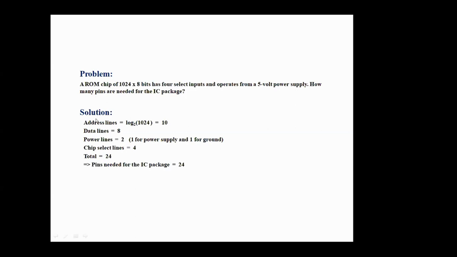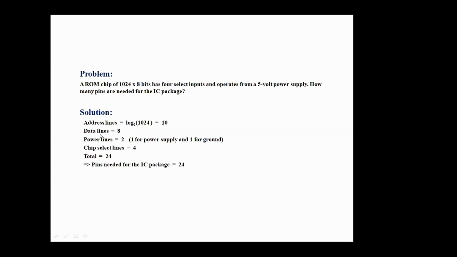Very simple. Let us first see how many address lines will be there. Since the ROM is of 1024 words, to address 1024 things, we obviously need 10 bits. So this ROM chip will have 10 address lines.